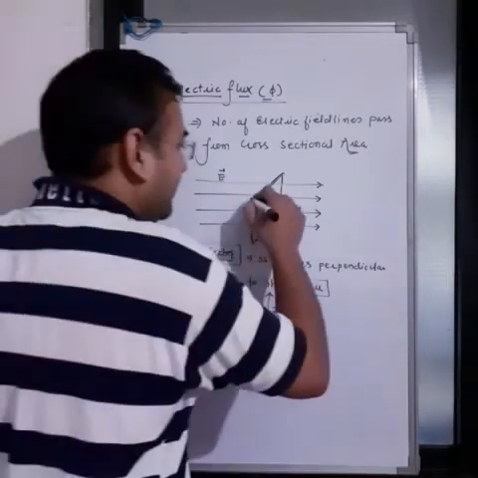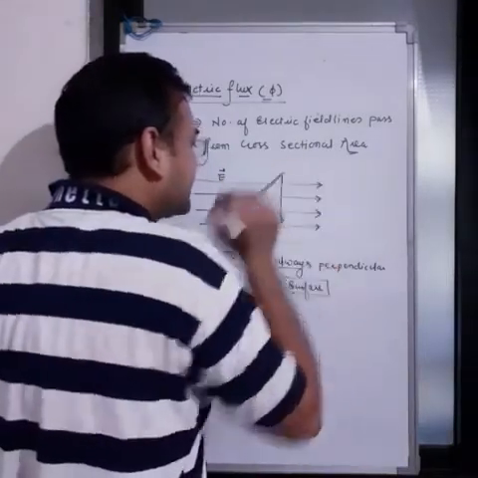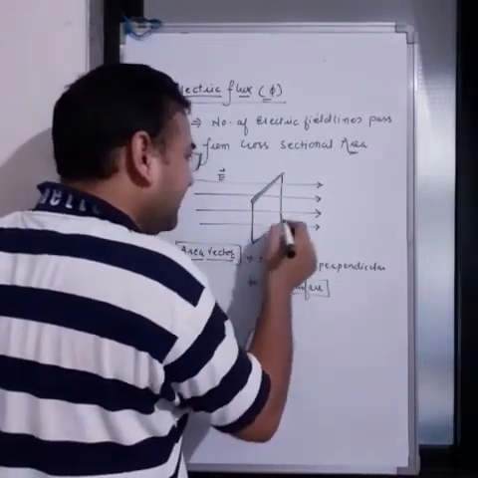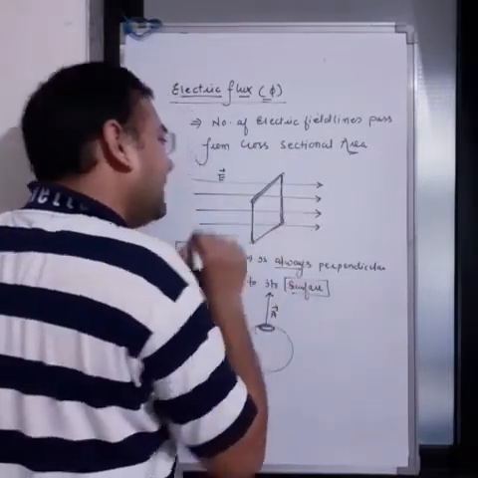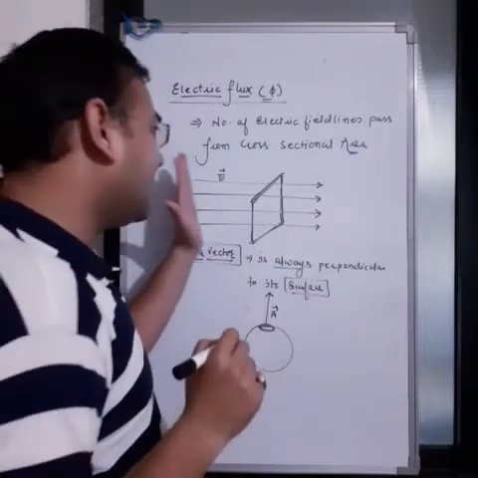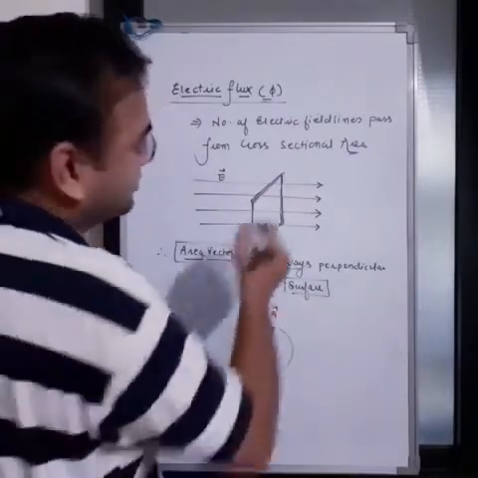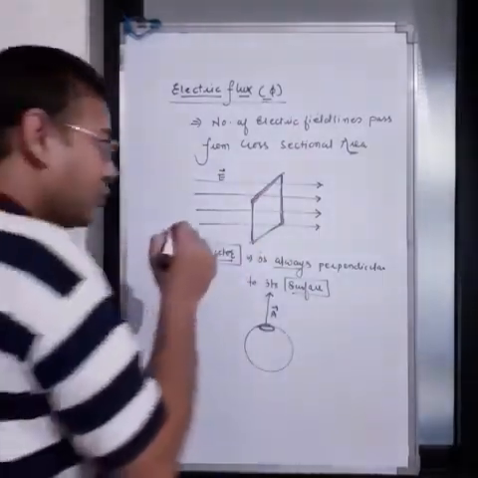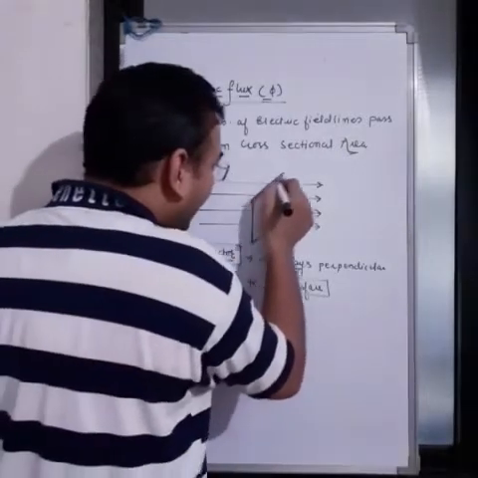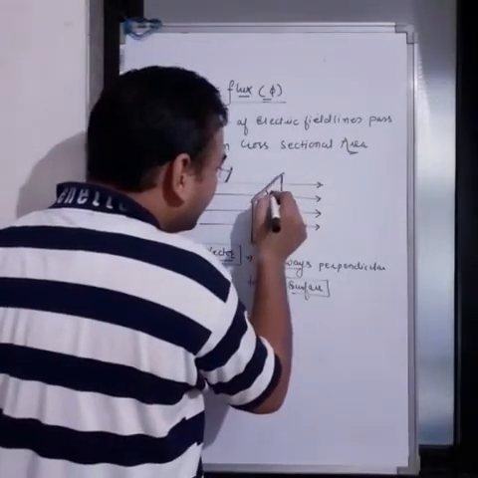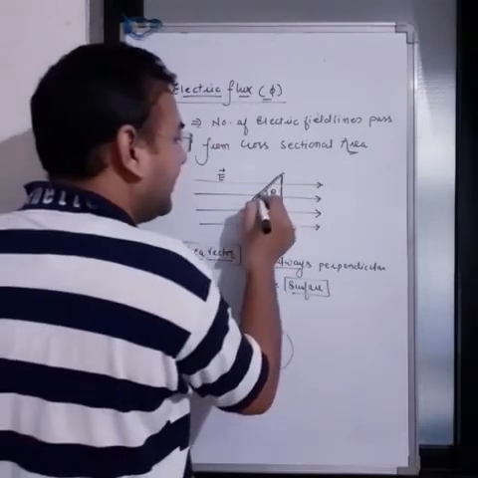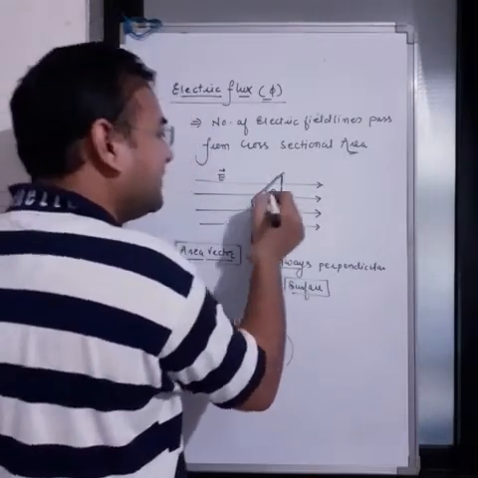So in this case, if we consider the area vector for the electric flux, the number of electric field lines passing through this cross sectional area, the angle between the area vector and electric field lines is given like this.